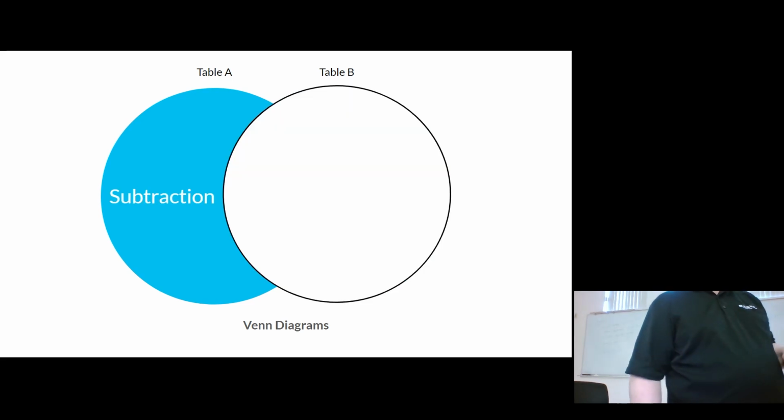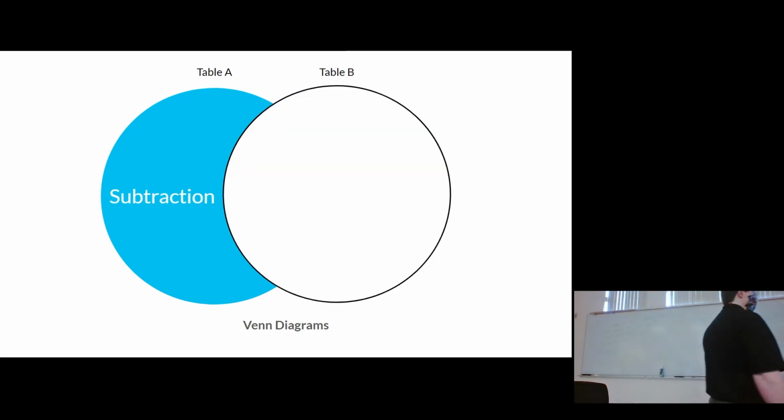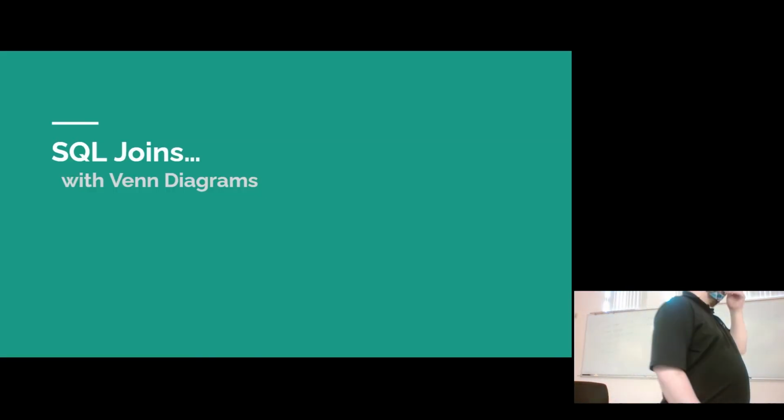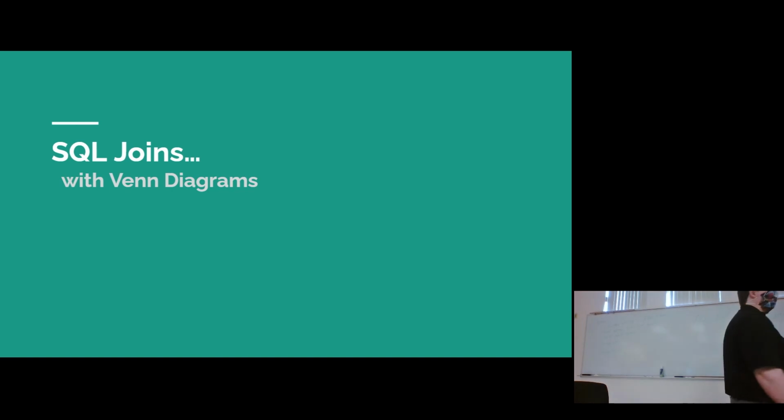The union is the whole thing. We also talk about the subtraction, okay? Subtraction, here we say A minus B leaves this, right? This is all the area that's not in B. Or I could do the reverse. Okay, so that's some terminology that you learned about in math class.